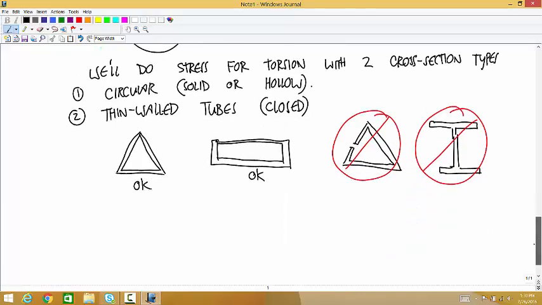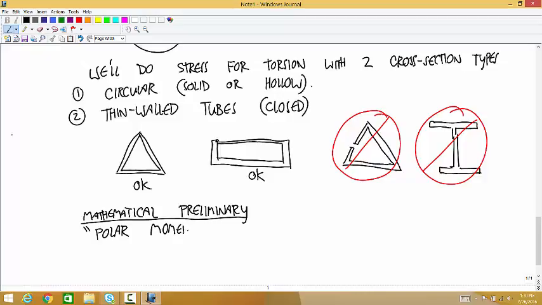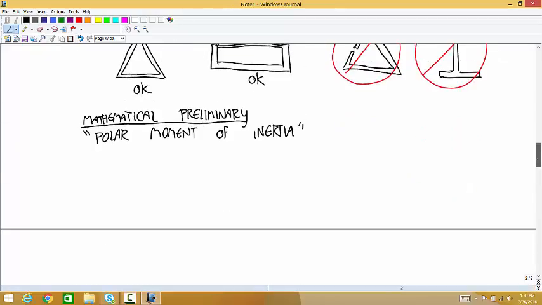We need one mathematical preliminary before we can do these calculations. And that's called the polar moment of inertia. And it has this integral definition.